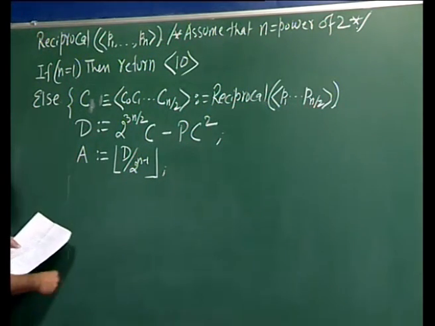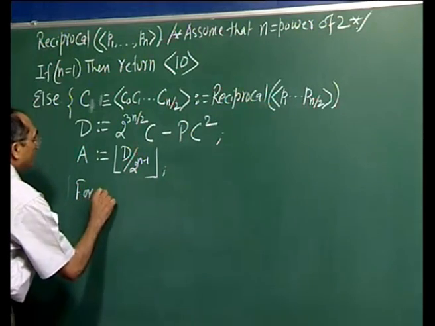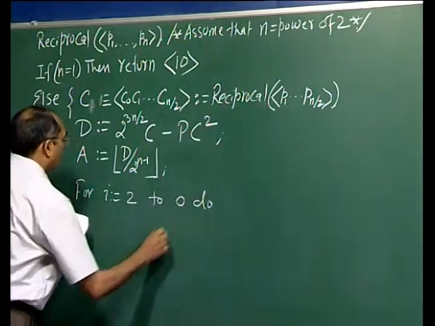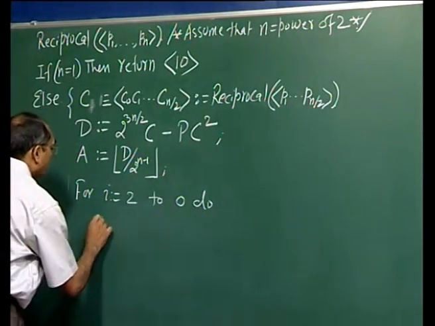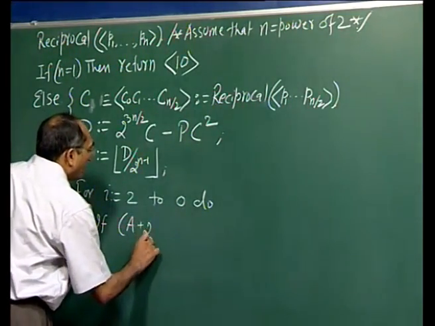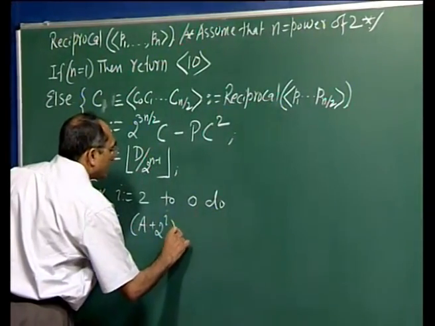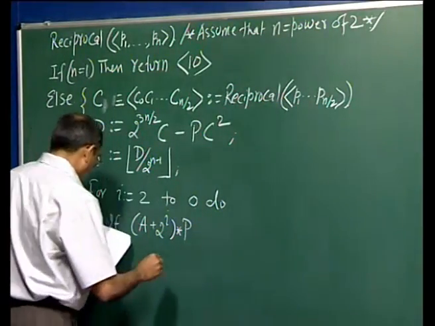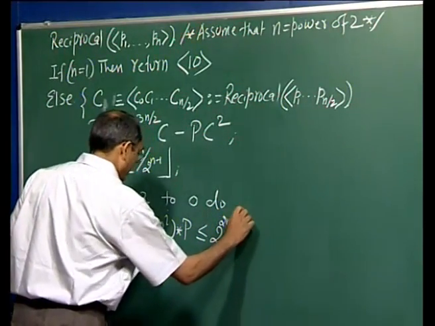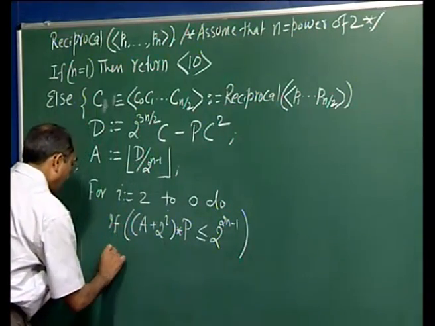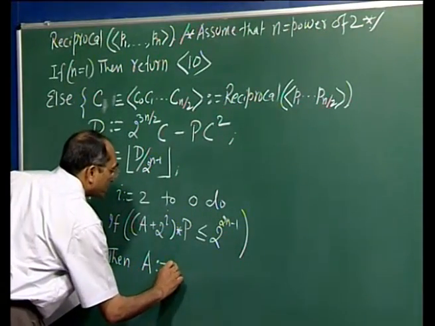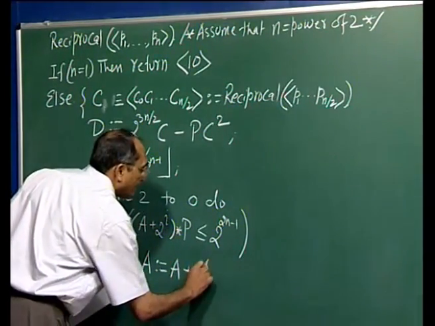All we are doing is we will say for i equal to 2 to 0 do: if a plus 2 power i times p is still less than or equal to 2 to the power 2n minus 1, then a becomes a plus 2 to the power i.